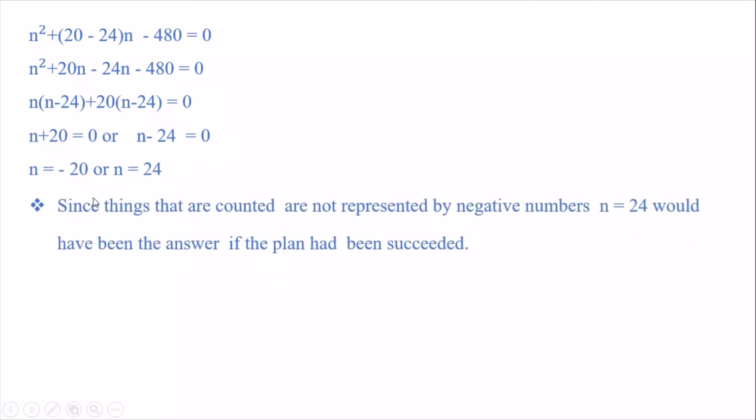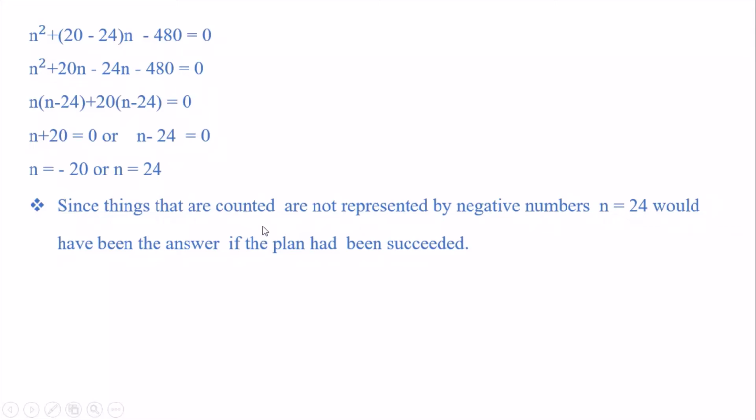Since things that are counted are not represented by negative numbers, n equal to 24 would have been the answer if the plan had succeeded. But bear in mind that the plan has not succeeded. The accomplishment is the number of classrooms, n minus 4, which is the total number of available classrooms, previously constructed plus newly constructed.